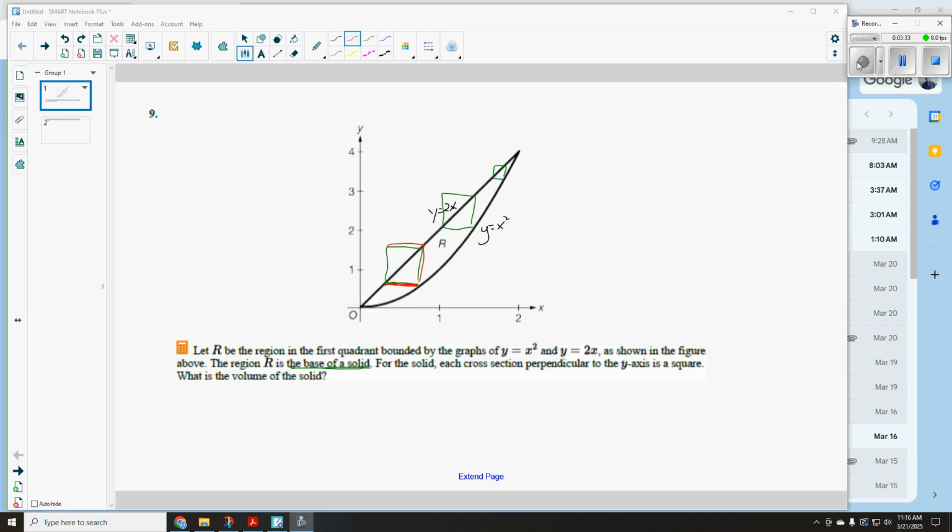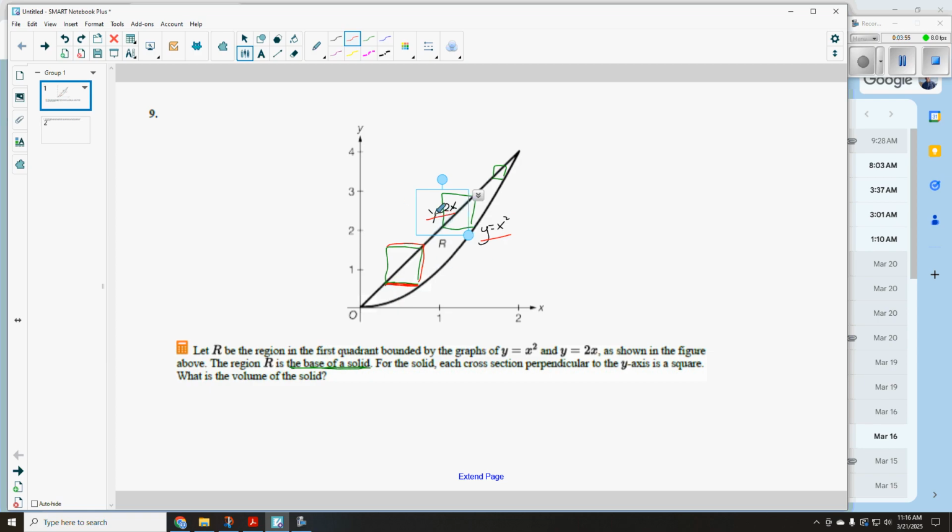So you might look at this picture and say, well, y equals 2x is above y equals x squared, and that is true. But remember, we are looking at the cross section perpendicular to the y-axis, not perpendicular to the x-axis.